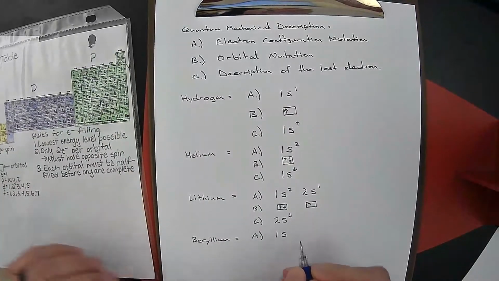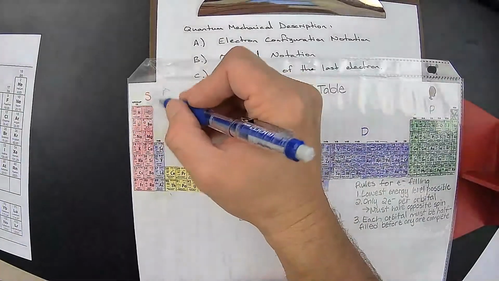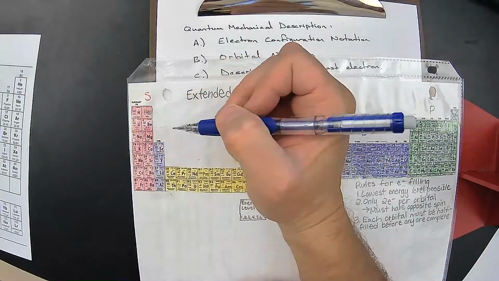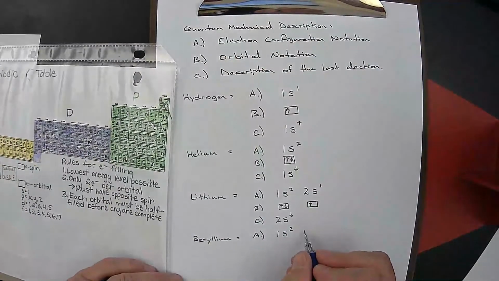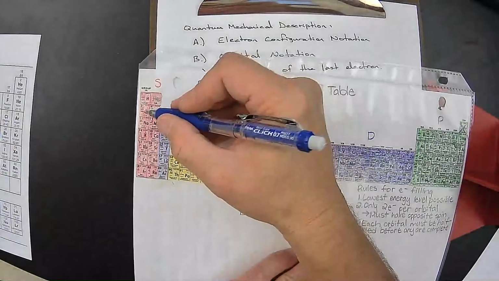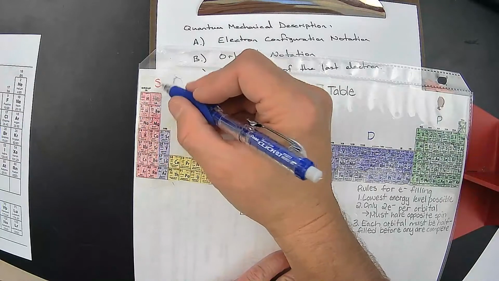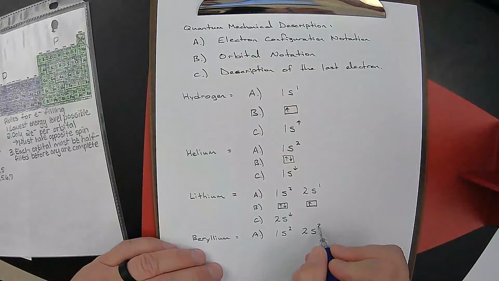We're in sublevel S, and we count over 2 spots. 1s, 2 spots. Then we're not there yet, so we go to 2s, and we count over 2 spots. Principal quantum number 2, sublevel S, 2 spots over.